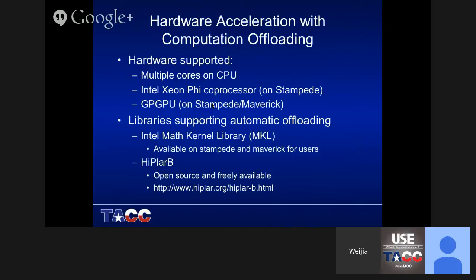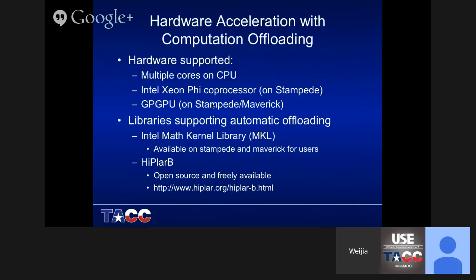Also, both Stampede and Maverick are equipped with a GPU card for general purpose programming. So if your code, whether R or not R, can utilize those resources, that would be great, and you can get additional performance benefits.